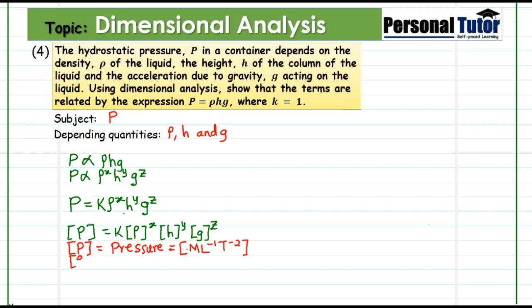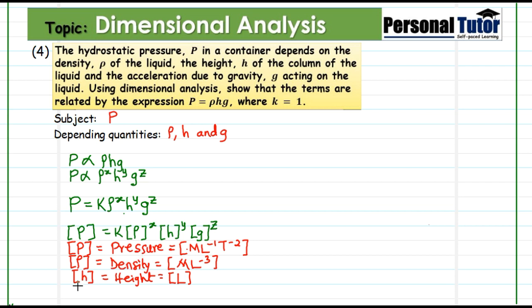That of the density rho is also m L exponent negative 3. The h, which in the question is said to be a height, is a length, and that is a capital L.